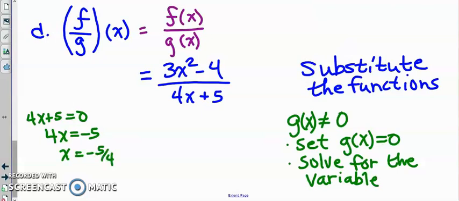And we get x equals negative 5/4. So what makes the g of x function equal to 0 is if you put negative 5/4 into the problem. We're not trying to get 0 for the denominator. So we say x cannot equal negative 5/4.